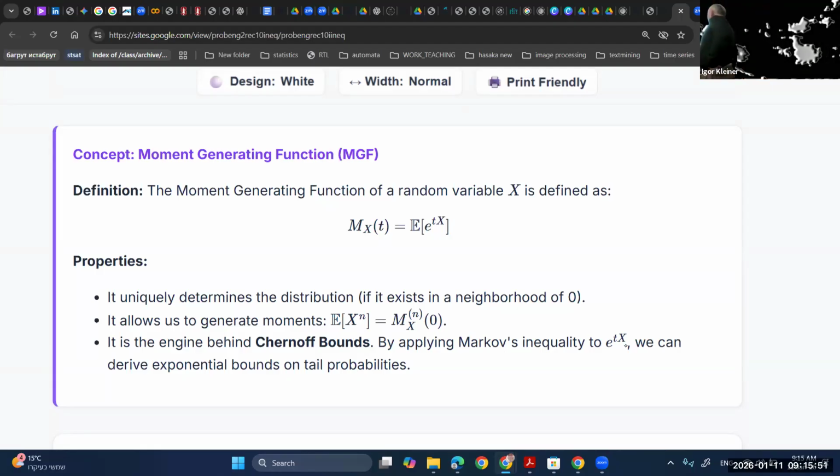For example, in the previous lesson, we talked about the probability generating function. It's simple, but we can define it only for non-negative integer random variables. The moment generating function we can define for non-negative random variables, for example. It's more powerful.